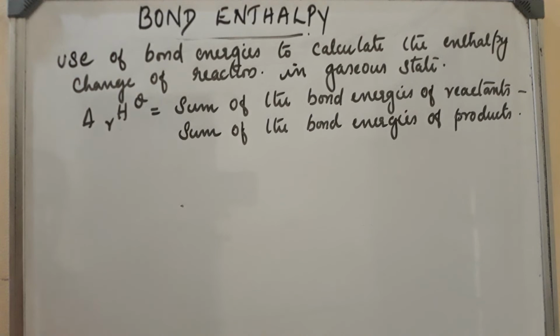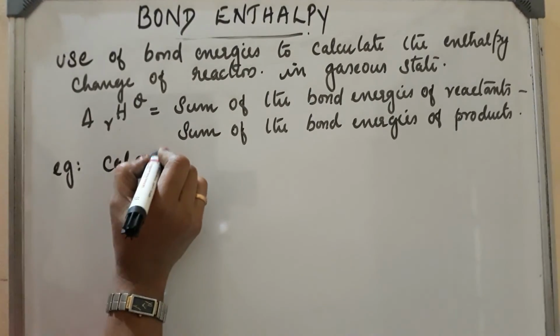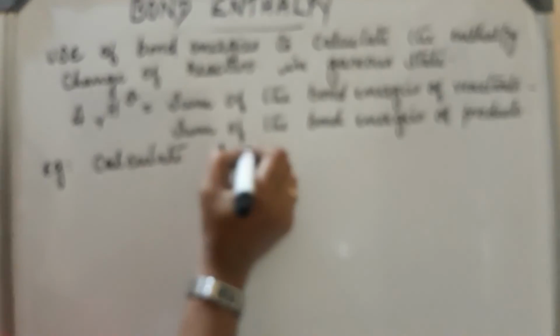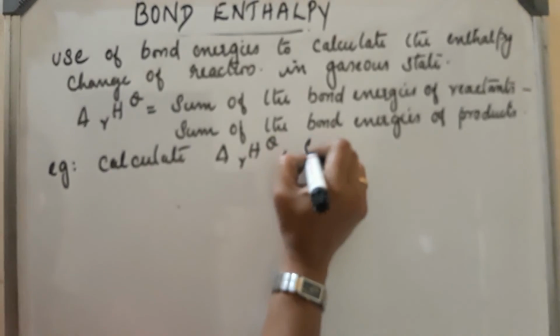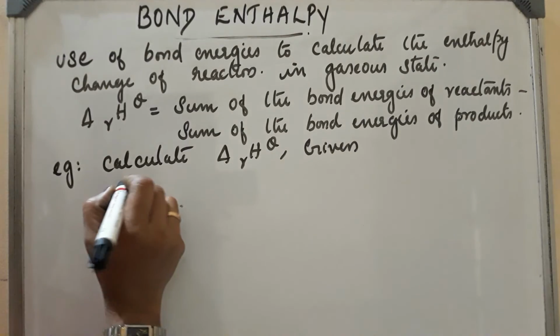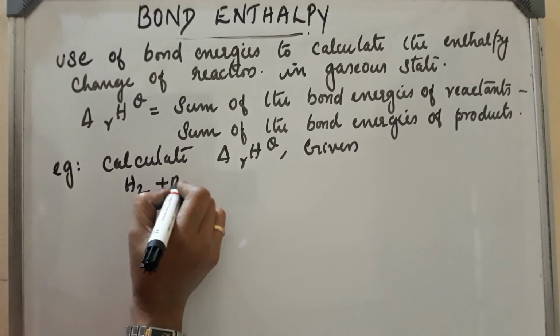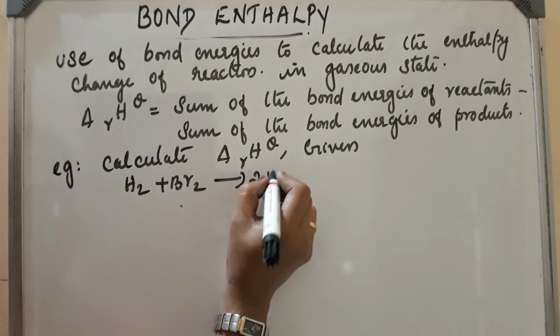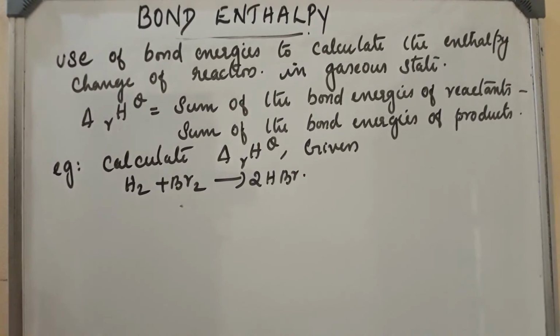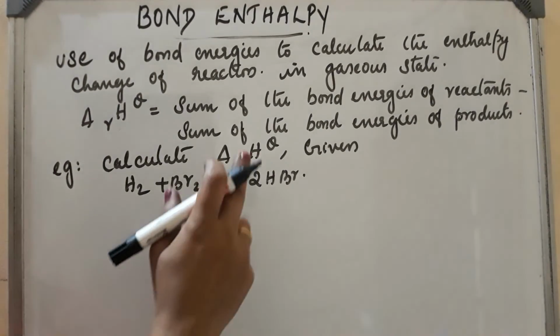So using this we can do one problem. Example, calculate delta H of R for H2 plus Br2 gives 2HBr. This is the equation. So delta H of R we have to find.